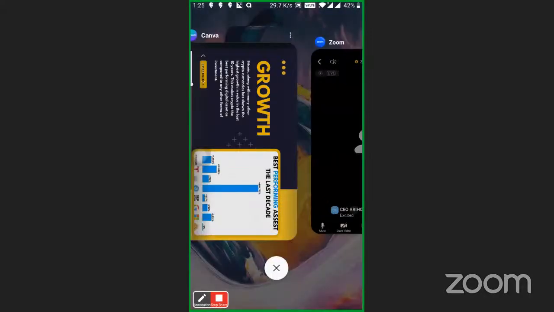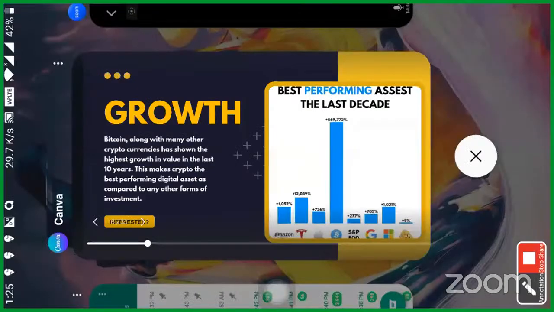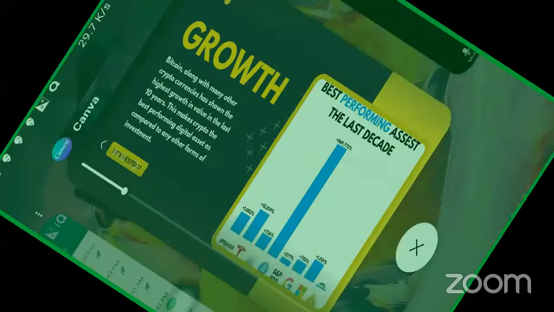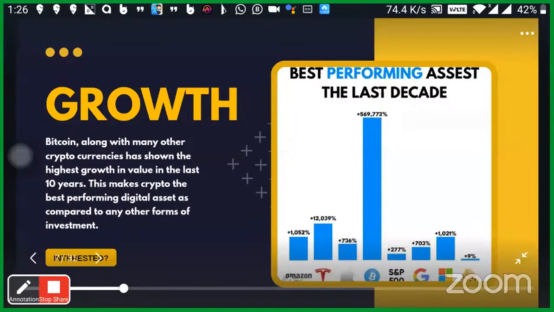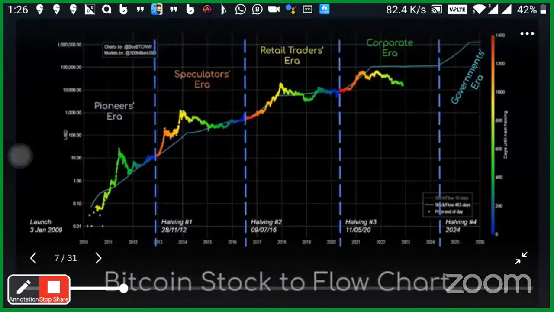So let us go to the next slide, and I will show you the best chart that you will ever see in your life. This is the most interesting, most valued and most powerful chart in the world, which all cryptocurrency investors follow.